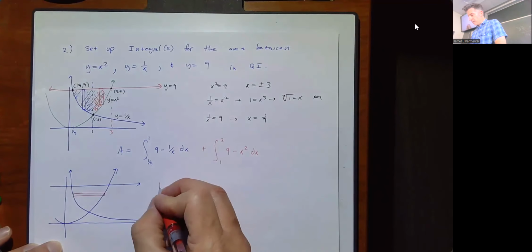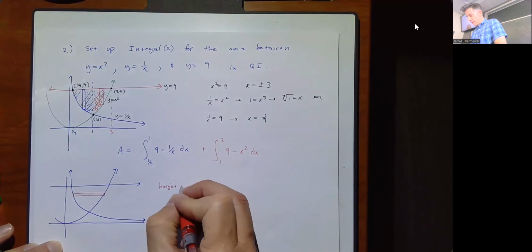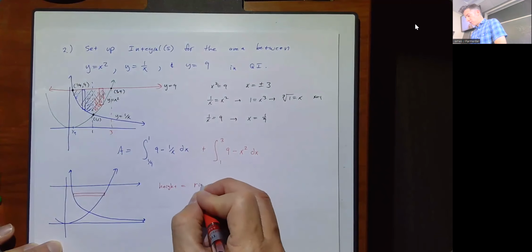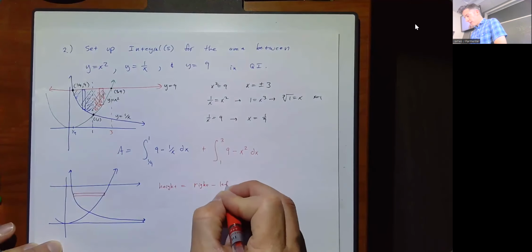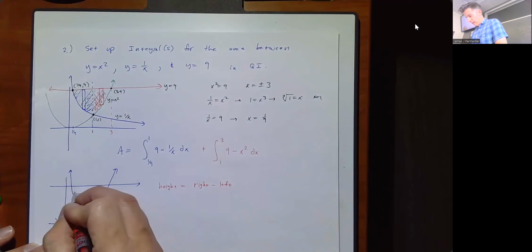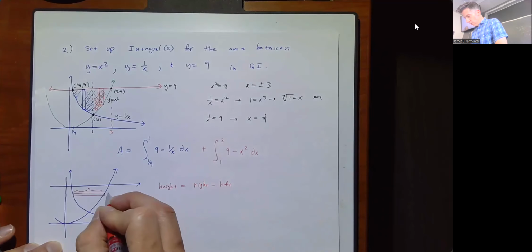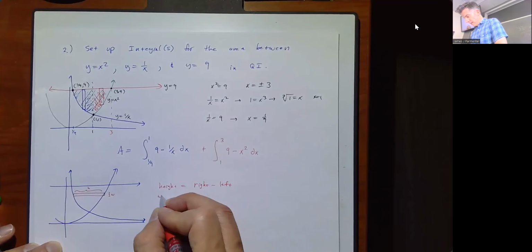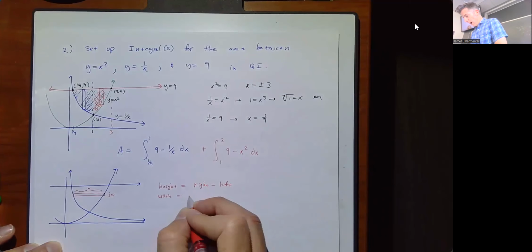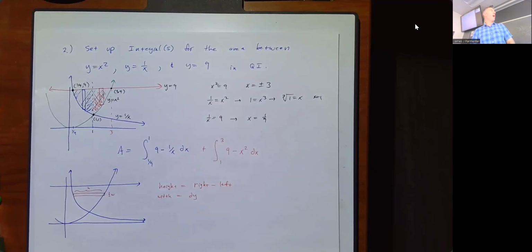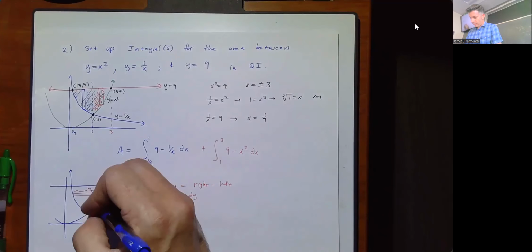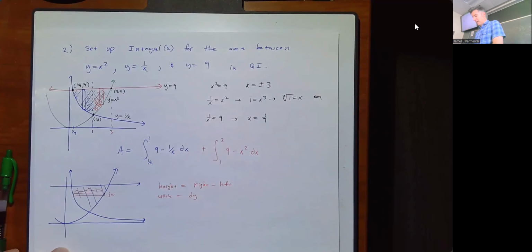where the height is the right minus the left function. Right, that's my height right there. And my width is a small change in y, a dy. So we could also find the area of this region by integrating with respect to y instead of with respect to x.